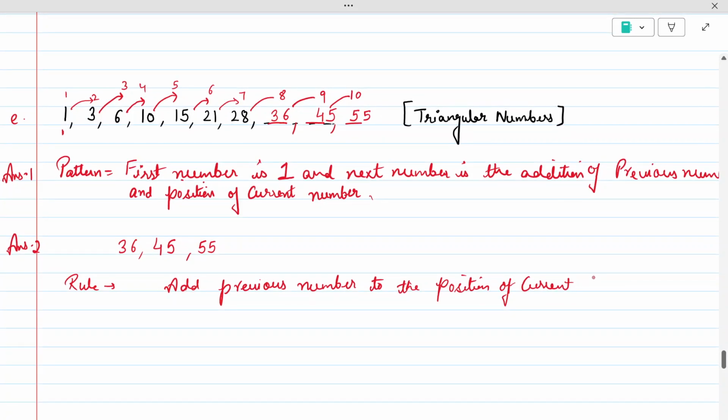You can say current, you can say next, the number which we actually have to write, which we have to find out. So this is the rule for triangular numbers.